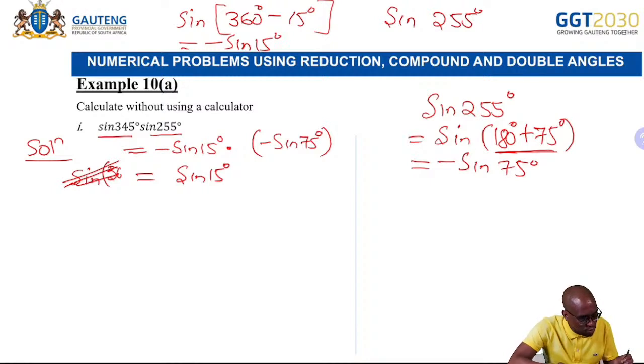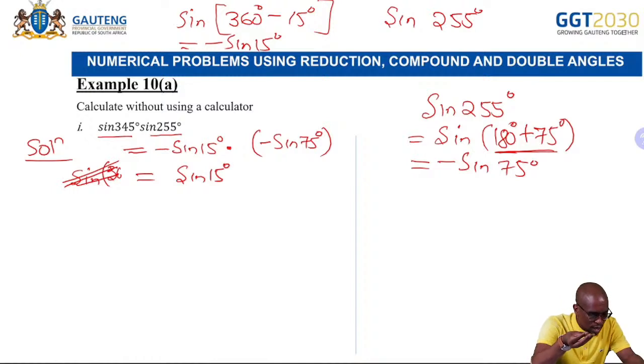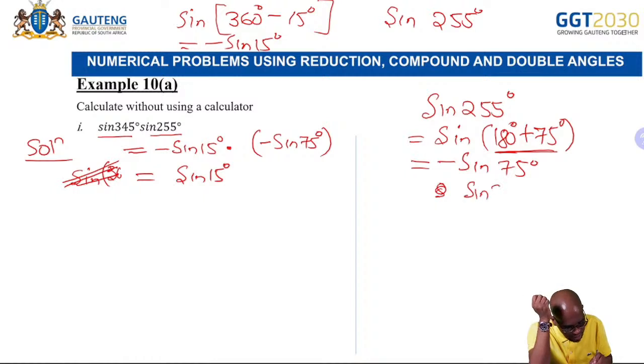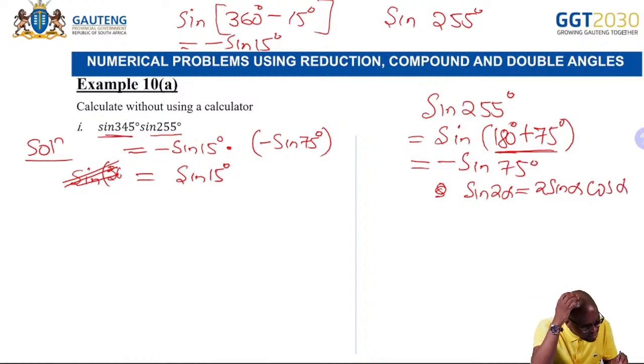Because we know when we work with our compound angles, the double angle expansion for sine 2 alpha is 2 sine alpha cos alpha. So this is a product of two sines.